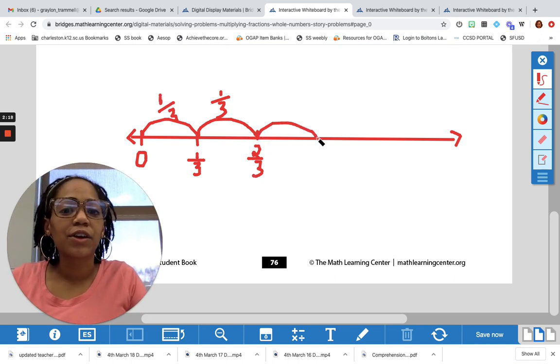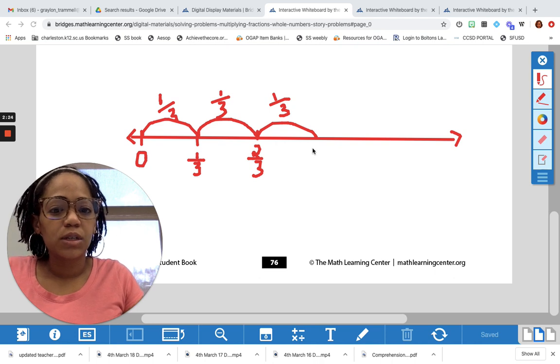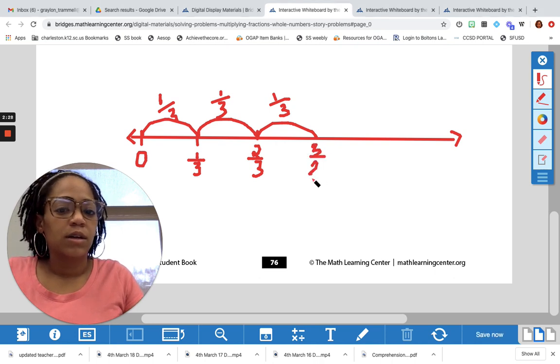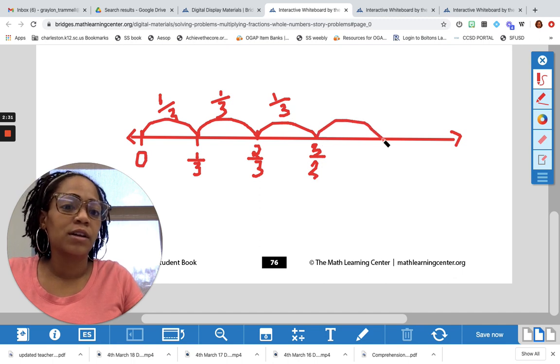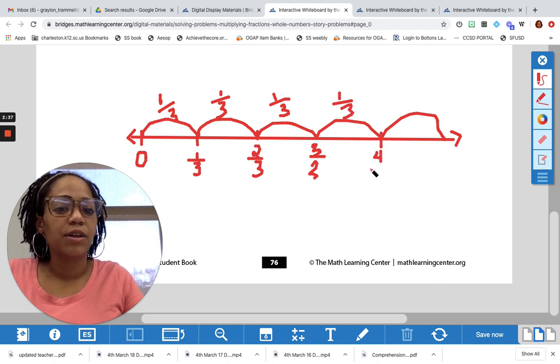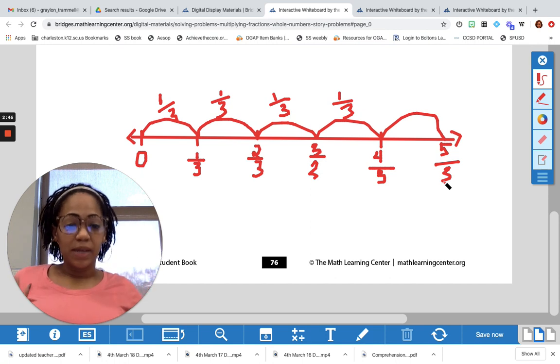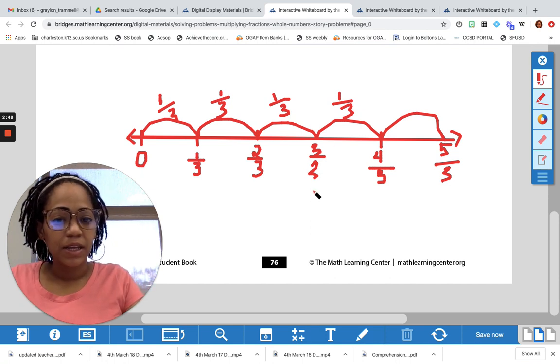So here's another third, which is 3/3, another third, another third. So this is me, got 4/3 here, and then 5/3 here. This is me using a number line to skip count in fractions.